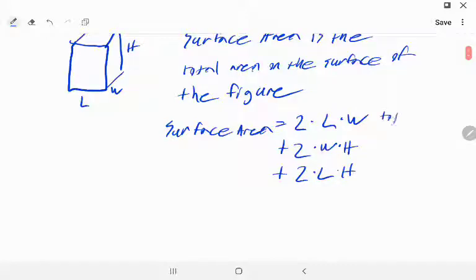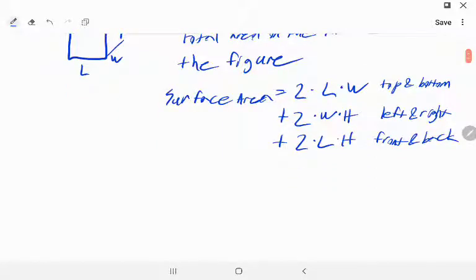So this is basically top and bottom, left and right, front and back.